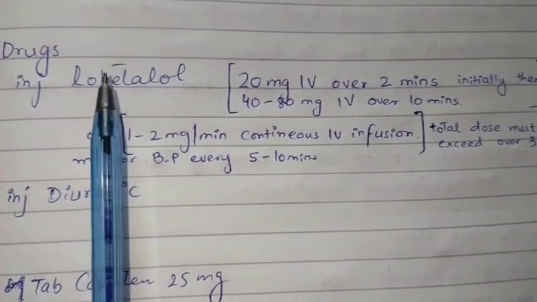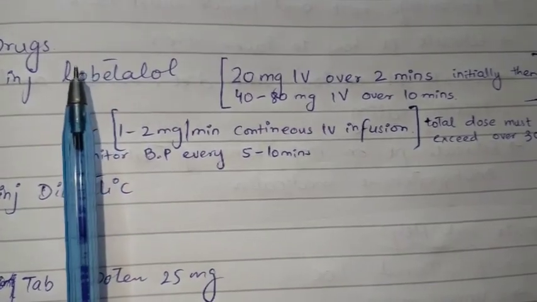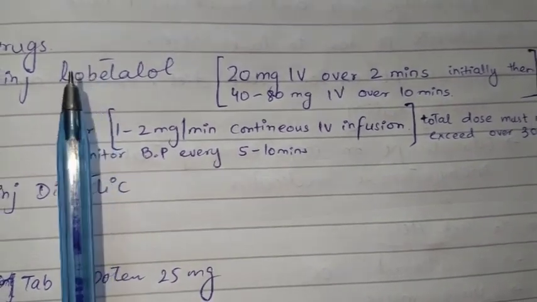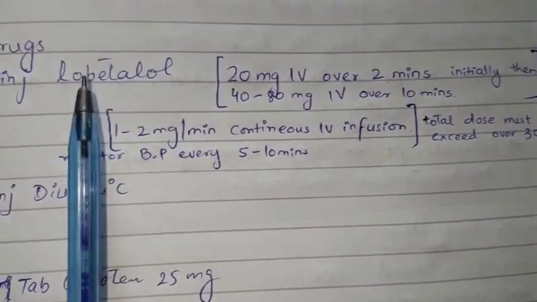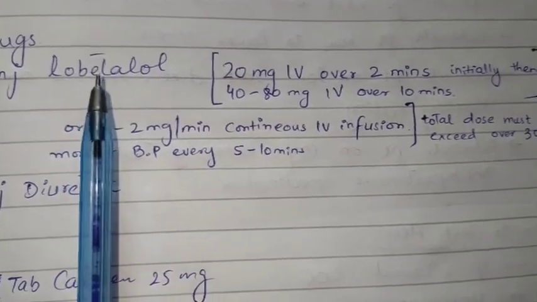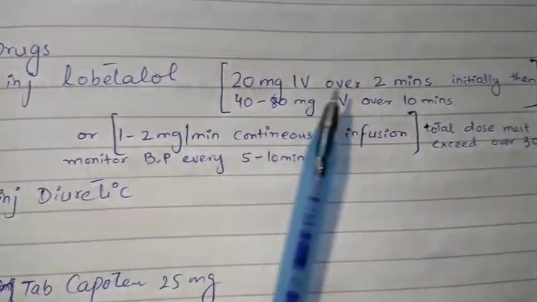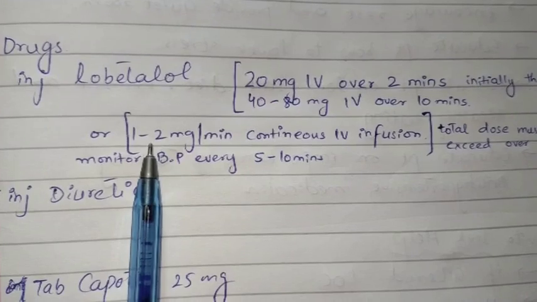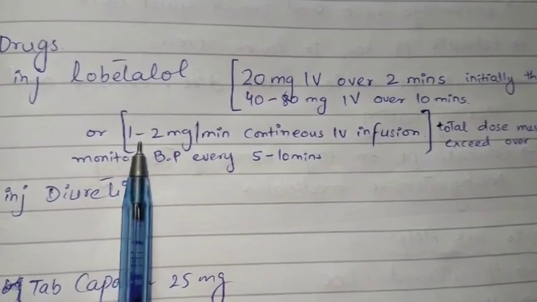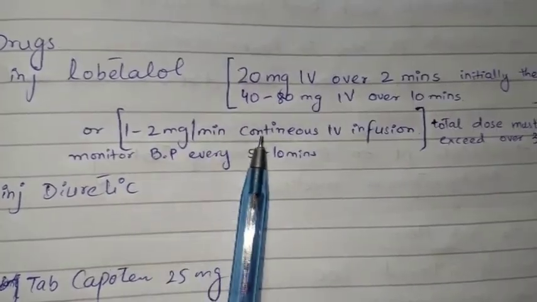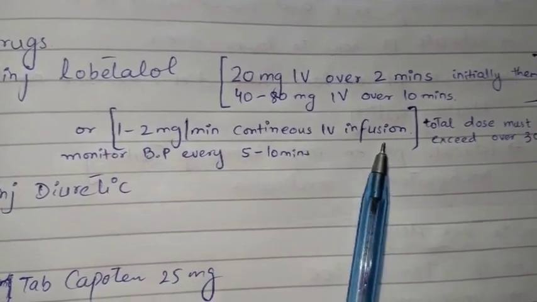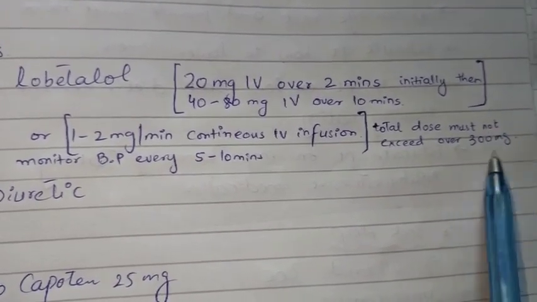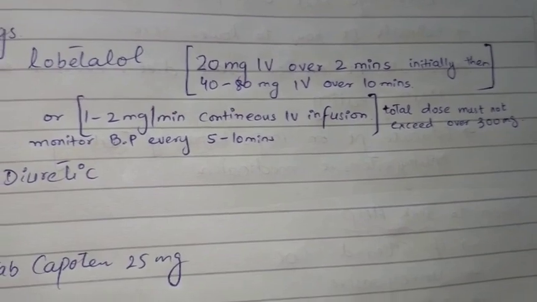This is a very important question asked in tests or papers: which medications are given undiluted? Labetalol is given undiluted. We can also give labetalol at 1 to 2 mg per minute as a continuous IV. And remember, for labetalol, do not exceed 300 mg.